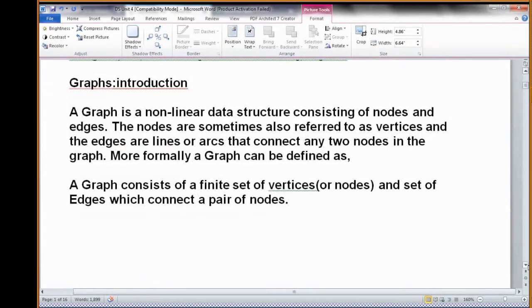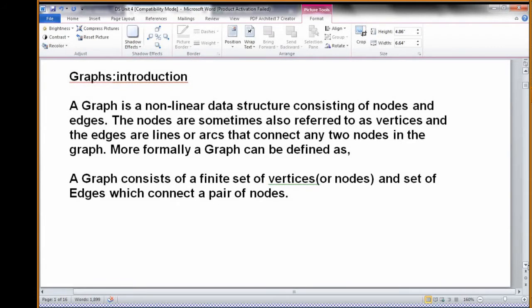It is a non-linear data structure and it consists of nodes and edges. How will we represent data structures? Nodes. In the same way we will use either linked lists or arrays also, and each node is connected.